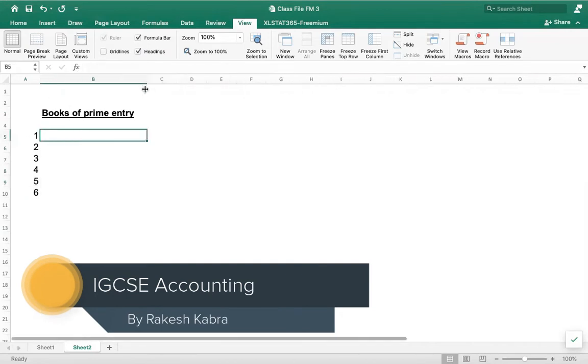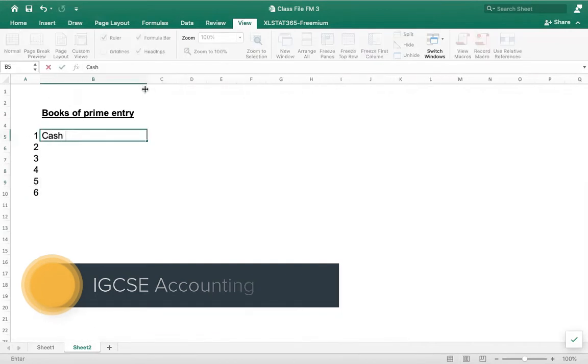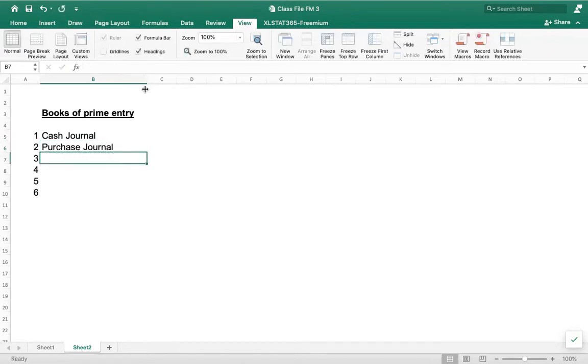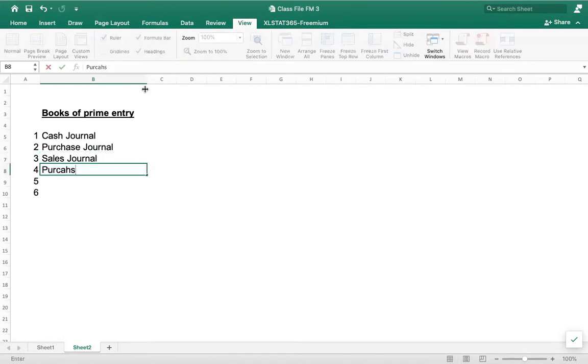Cash journal. Yes, you can call it cash book or cash journal. Same thing only, right? After that we have purchase journal. Then sales journal. Then purchase return journal.